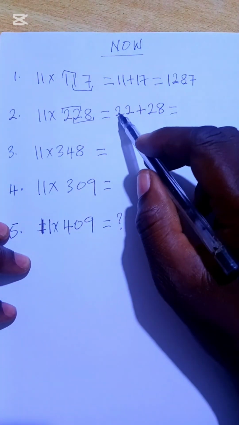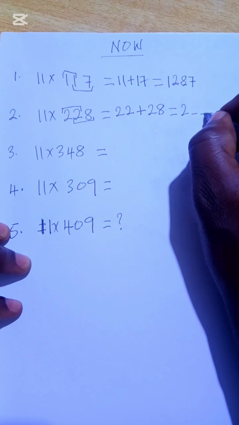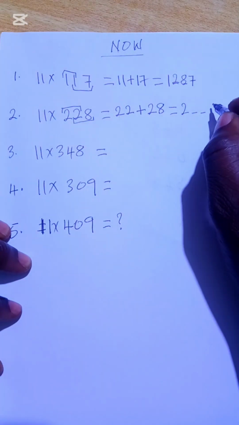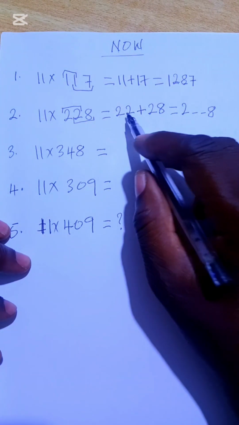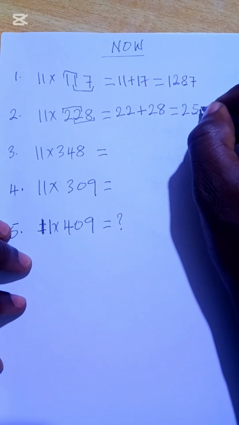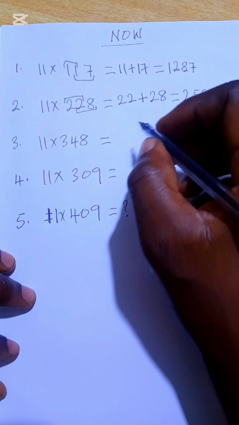So the first digit here is 2, leave 2 spaces because you will get a two-digit number. And the last digit here is 8. I put 8 there. So now when you add 22 to 28, you will get 50. So you put 50 in the middle. And that becomes your answer.